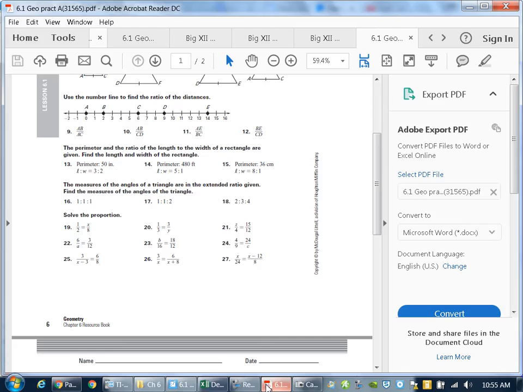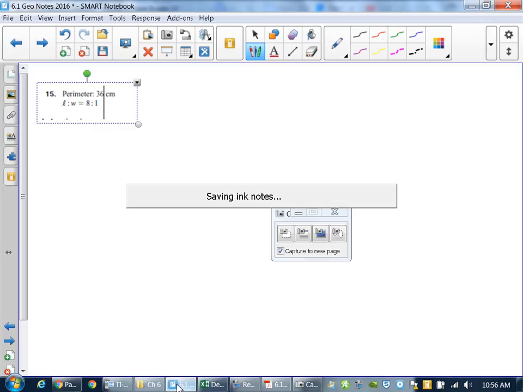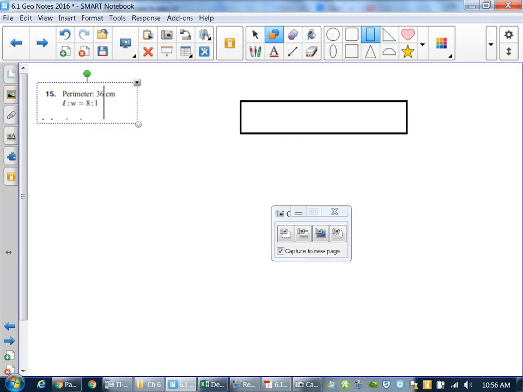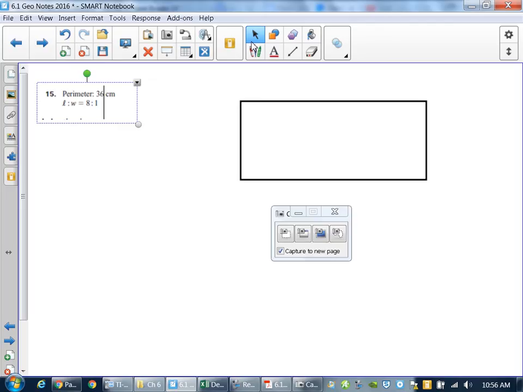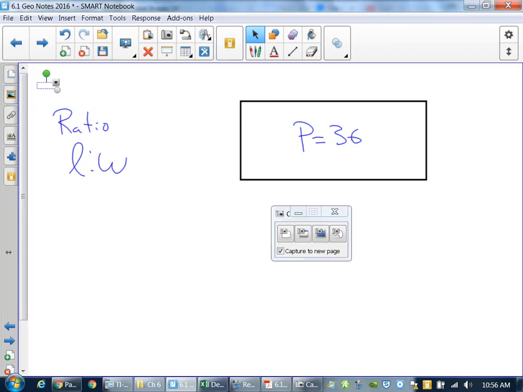But sometimes we have to do this. Say you have a rectangle. Rectangle has a perimeter of 36. And let's say you have a ratio of the sides from length to width of 8 to 1.